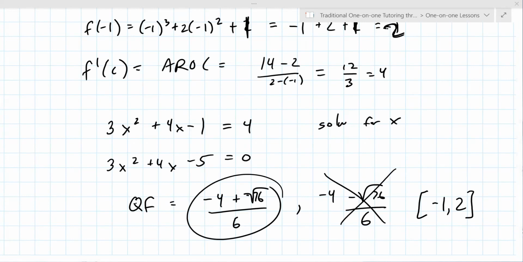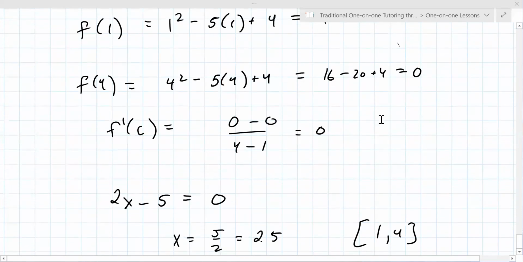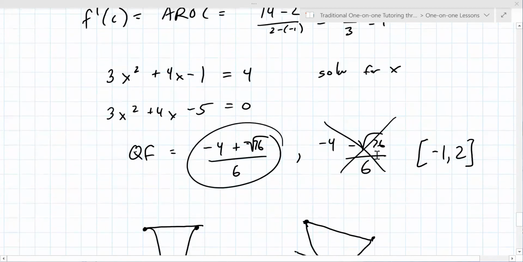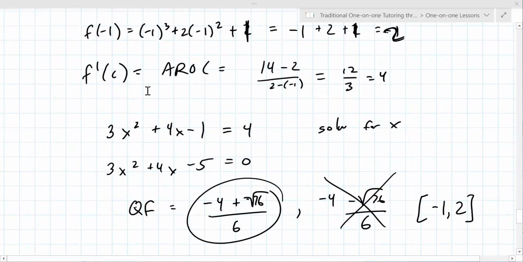Which one do you want me to scroll to? I'm sorry, the mean value theorem one. Yeah, so you set the derivative equal to the average rate of change. And then in Rolle's theorem, you set the derivative equal to 0 because the average rate of change is 0. Okay. Or can it be a different number? No, Rolle's theorem has to be 0. And if it's not, then you're just doing mean value theorem. Yes. Okay, that makes sense.